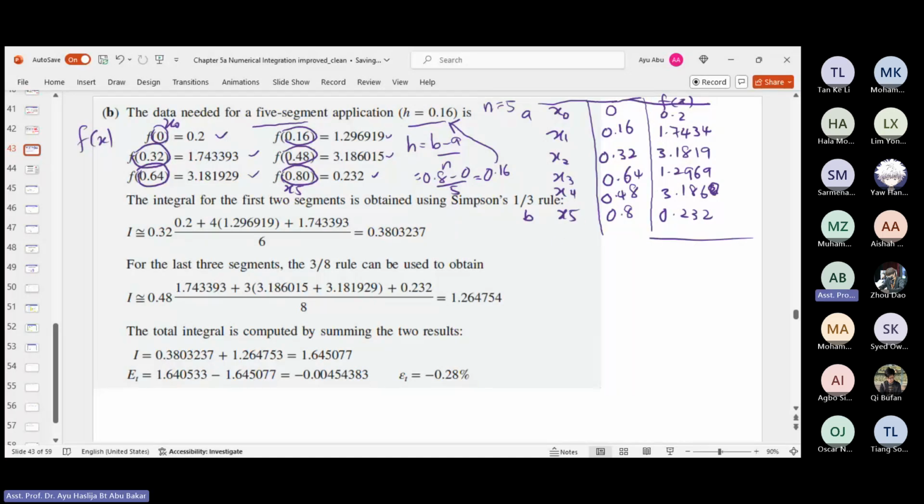So these are your x data points and also the f(x).